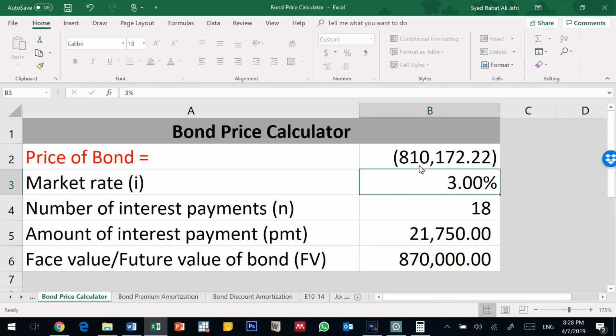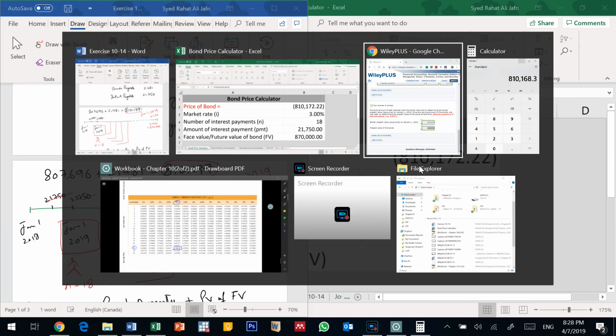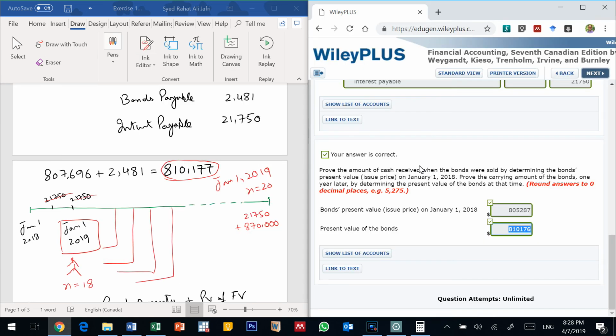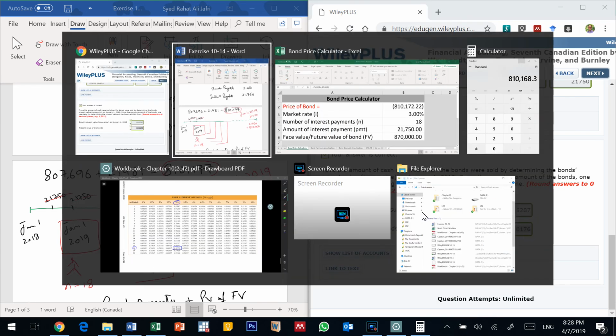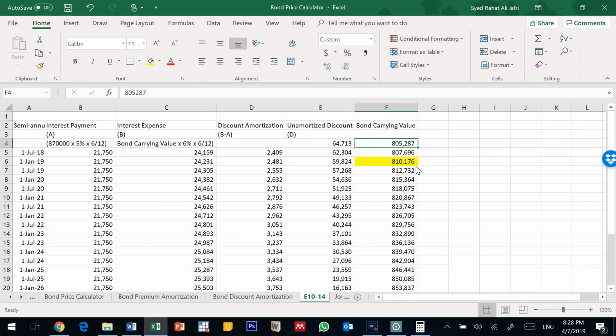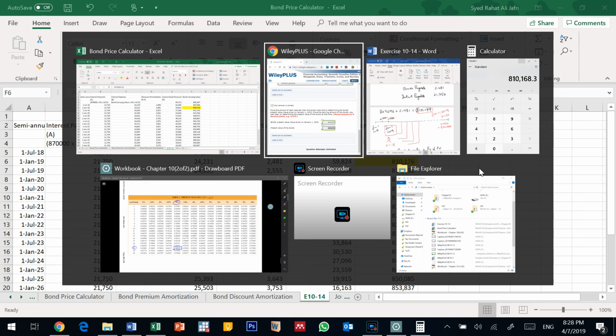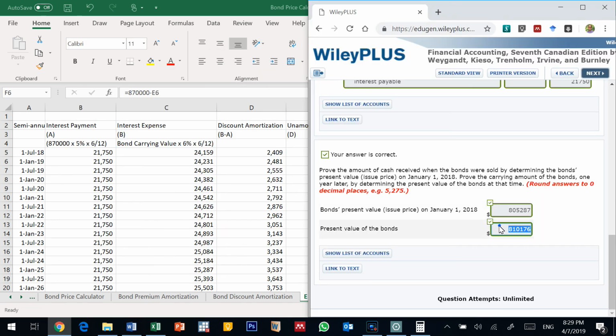That is the price of the bond, which is different from what I have put here in the problem. So what I also did was use my Excel sheet. I made a complete bond schedule for this bond, starting from the price they gave me, and then computed all those amortizations and payments. The carrying amount on January 1st, 2019 was 810,176, which is this number.